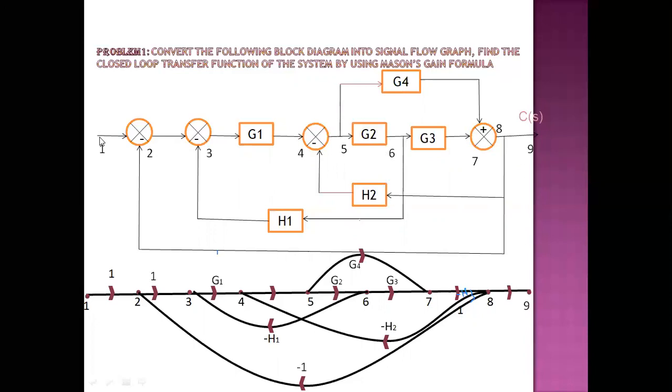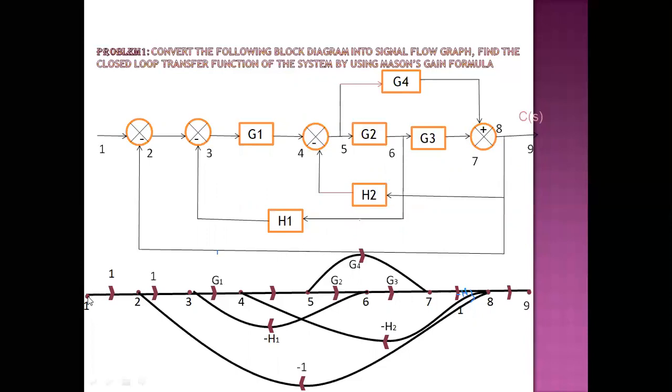I have given this as 1, then this summing point as 2, this summing point as 3, then this summing point as 4, this branch point as 5, then this branch point as 6, this summing point as 7, this branch point as 8, finally the output as number 9.